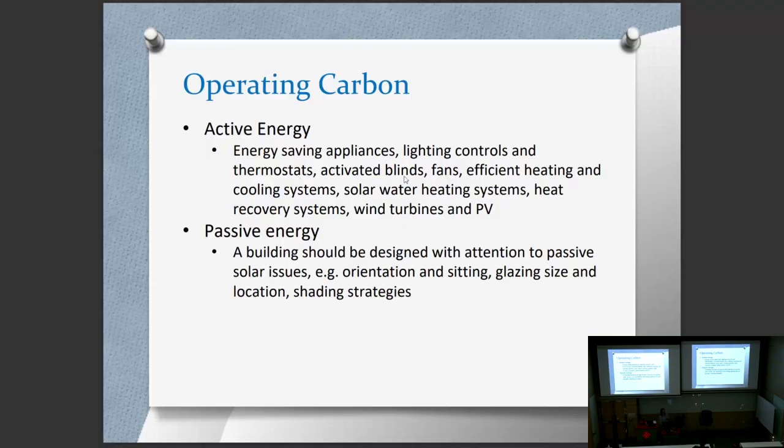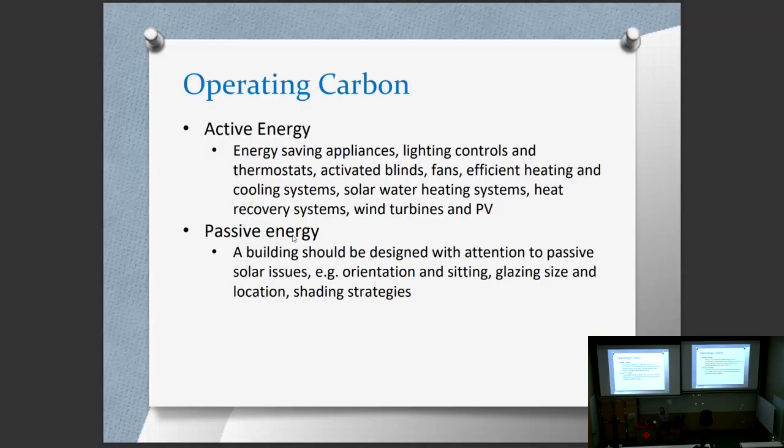Activated blinds for blocking the solar heat gain, and then fans, efficient heating and cooling systems, solar water heating systems, heat recovery systems, wind turbines, and PV panels for harvesting solar energy to generate electricity, or using wind energy to generate electricity. So these are active energy. We actively do something to reduce the energy consumption of the equipment.